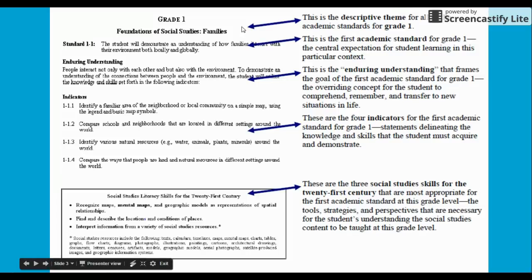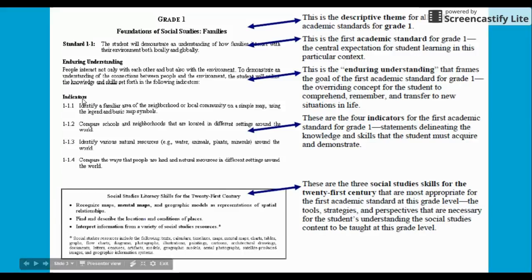At the top of the page, you will see the theme for each particular standard, followed by the standard, and then the enduring understanding. This is more like the big idea or the big concept that students should take away from the unit. This is the learning that students should be able to transfer and remember and apply beyond the classroom.